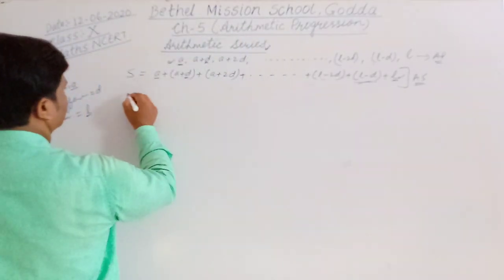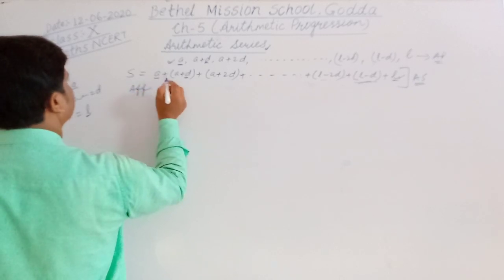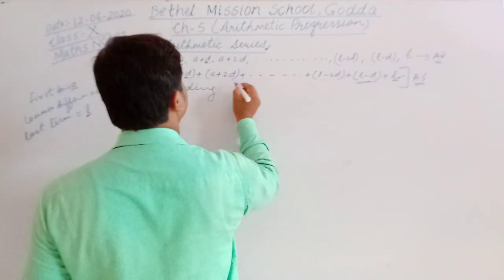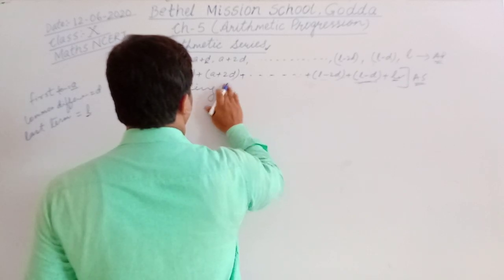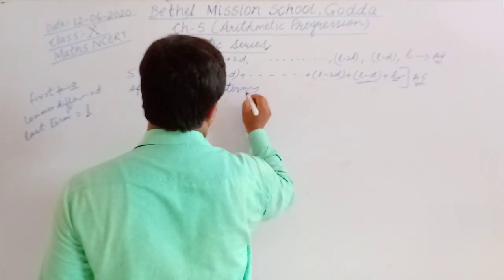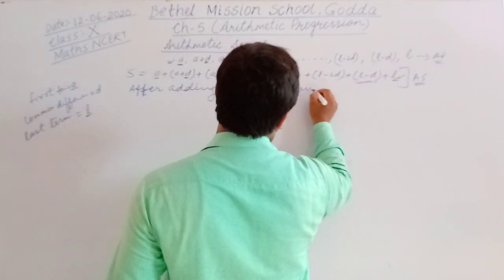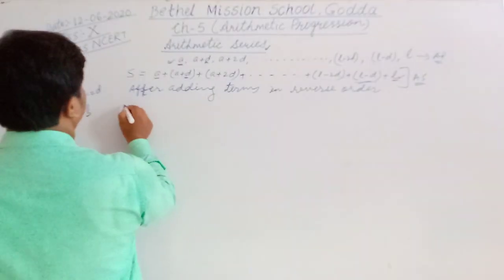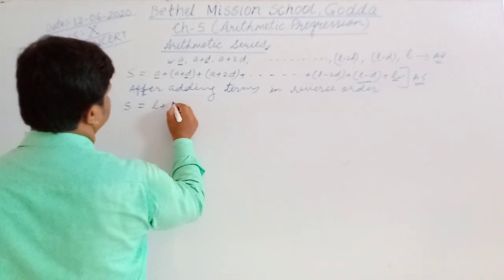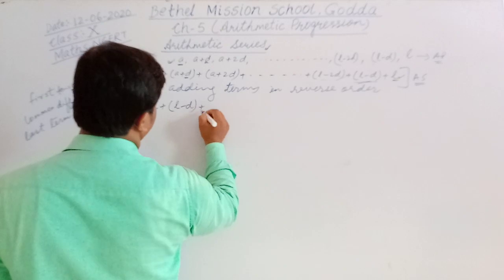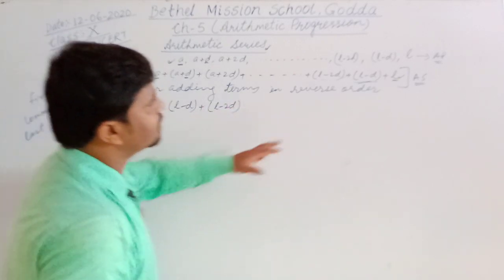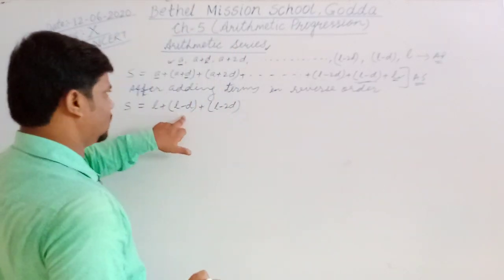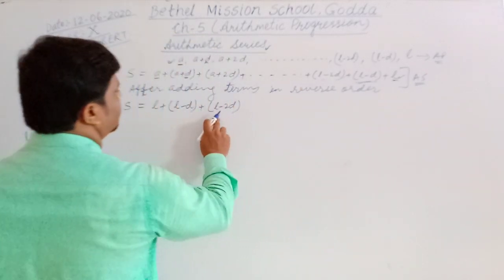Again, after adding the terms in reverse order, you get S equal to L plus L minus D plus L minus 2D, and so on. This means the last term comes in the first place, the second last in the second place, the third last in the third place.